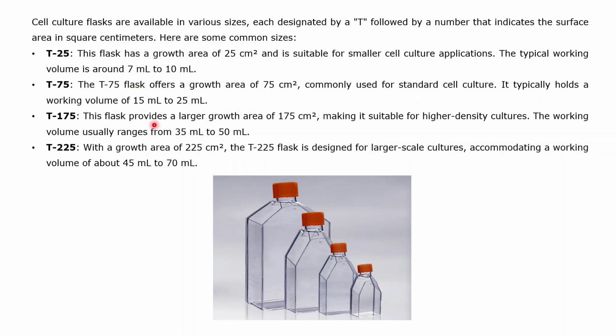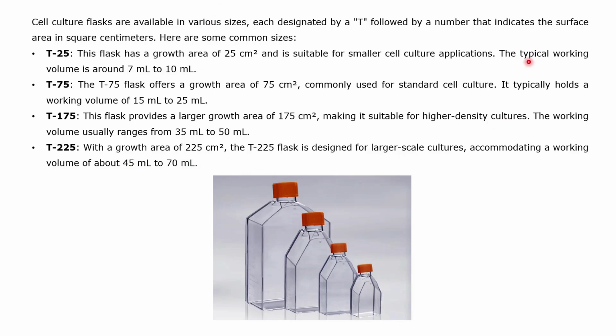And T175 has a larger growth area of about 175 square centimeters, used for higher culture volumes, about 35 to 50 ml of culture. And T225, which has a growth area of about 225 square centimeters, is for larger cell culture and can hold the maximum quantity, about 45 ml to 70 ml of culture.